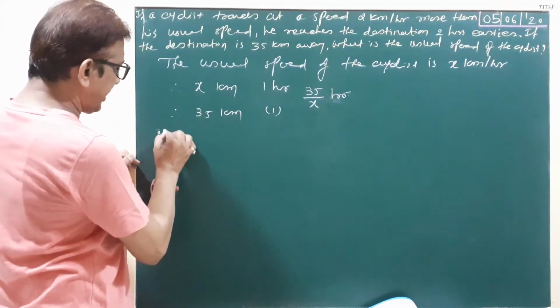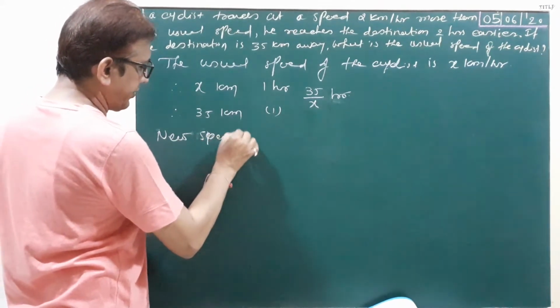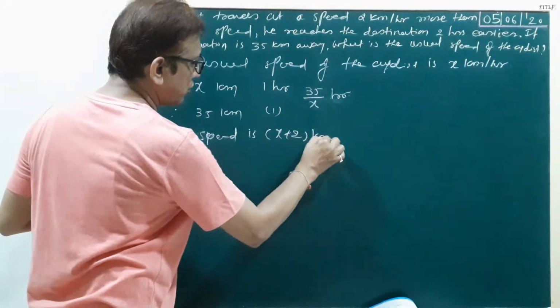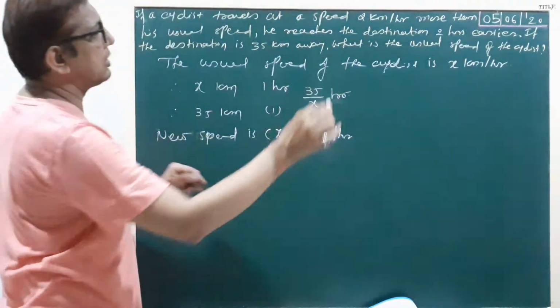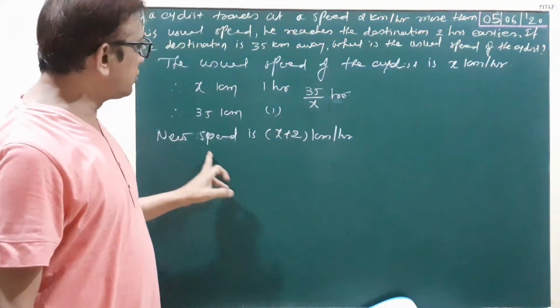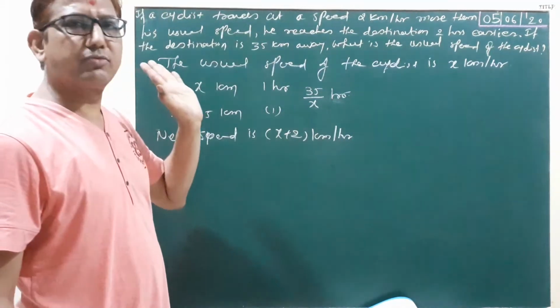Now the cyclist travels at a speed 2 km per hour more than his usual speed. So the new speed is x plus 2 kilometer per hour, but our destination is fixed at 35 kilometer.